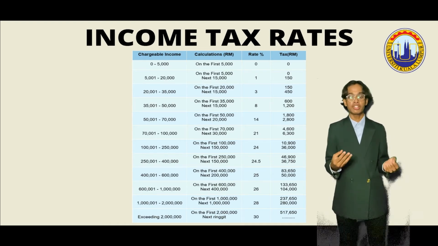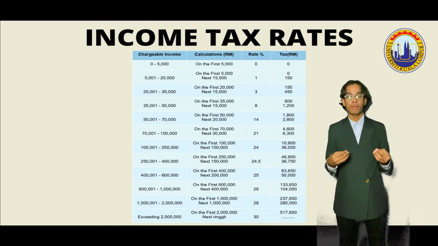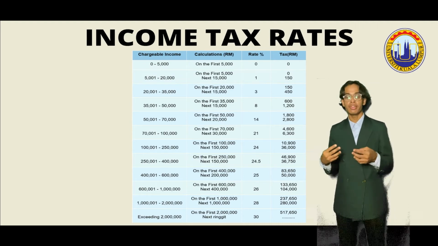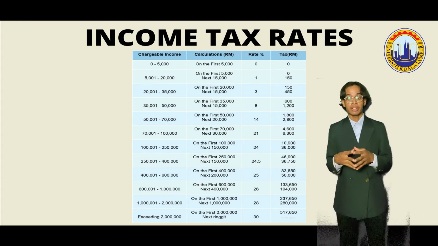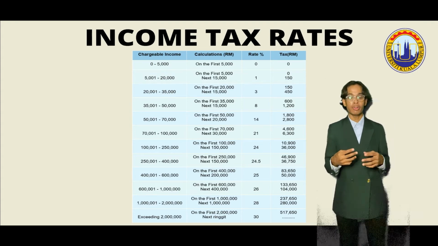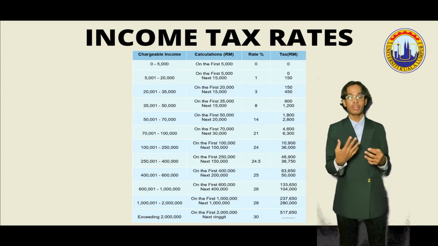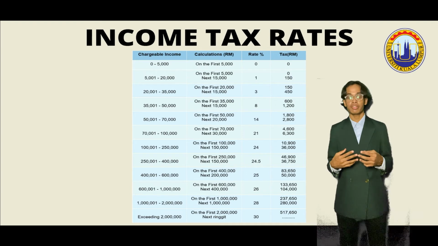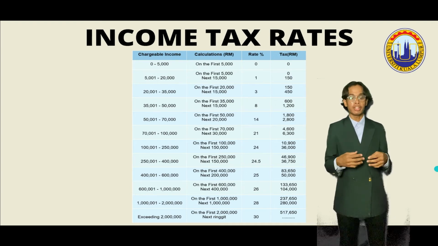So, the calculation is the first 5,000 will be subtracted from the 15,000 ringgit. After that, for the remaining 10,000, take 1% of the 10,000 ringgit. So the tax he has to pay is only 100 ringgit, because the first 5,000 ringgit in the first tax table is 0.